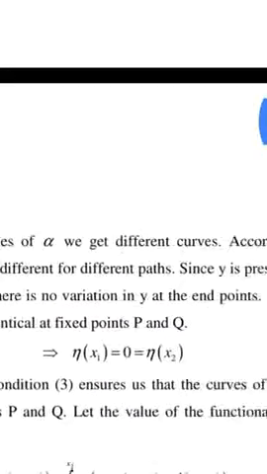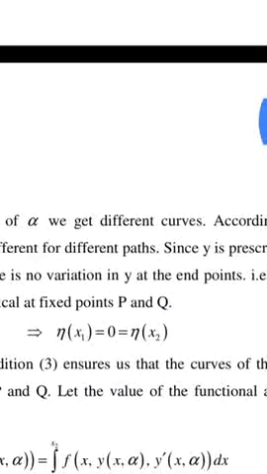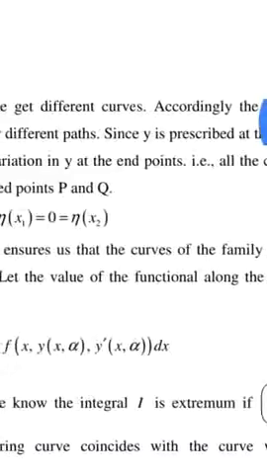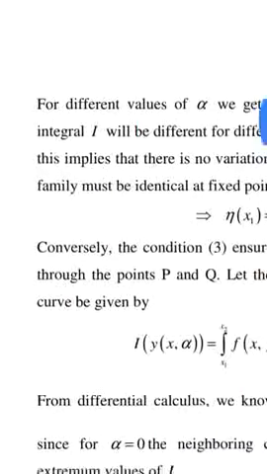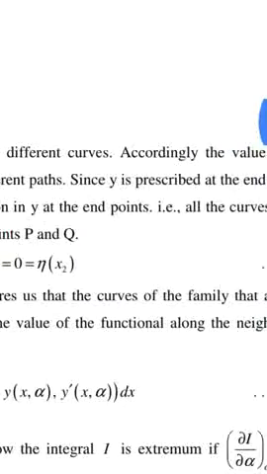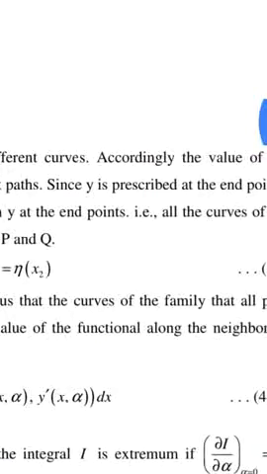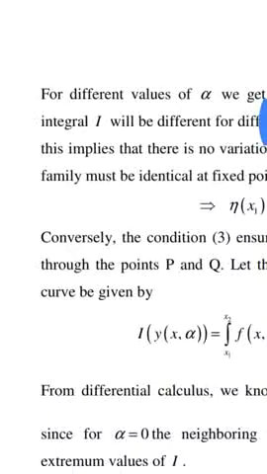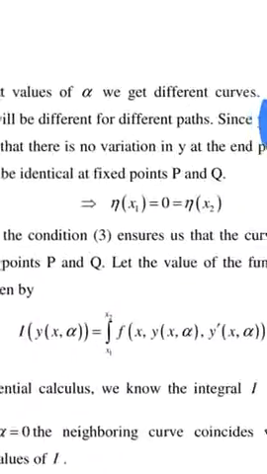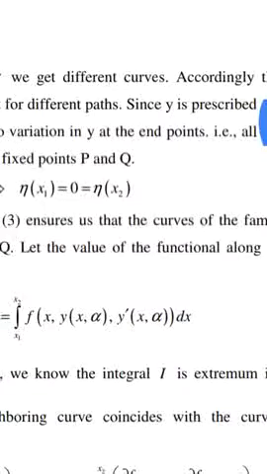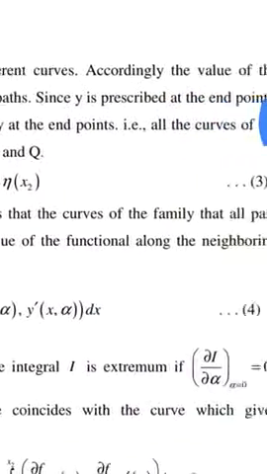For different values of alpha, we get different curves, and the value of the integral I will be different for different paths. Since y is prescribed at the endpoints, there is no variation in y at the endpoints.